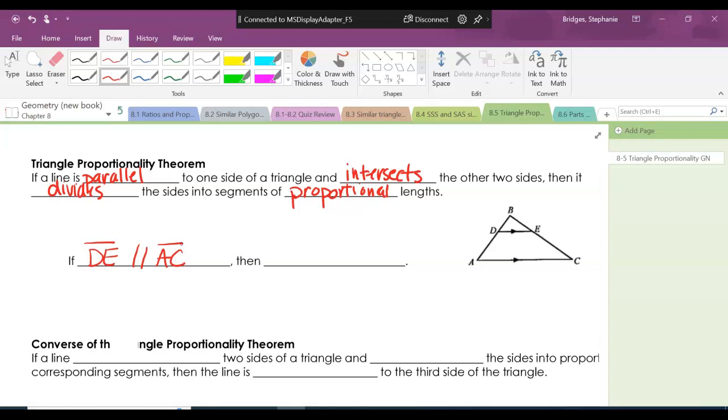If that line is parallel, then it's going to divide the sides of the triangles into proportional lengths. So this top little bitty segment right here, BD, that I just highlighted, is going to go over its bottom segment, DA. And that is going to be equal to the same setup on the other side.